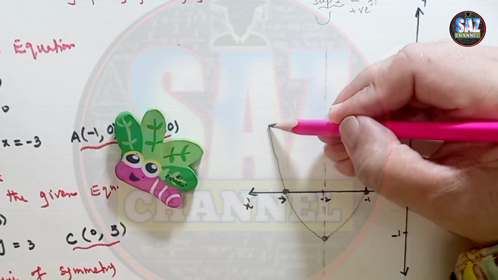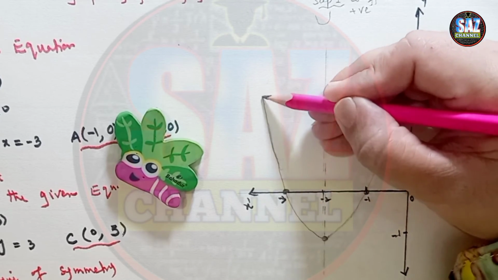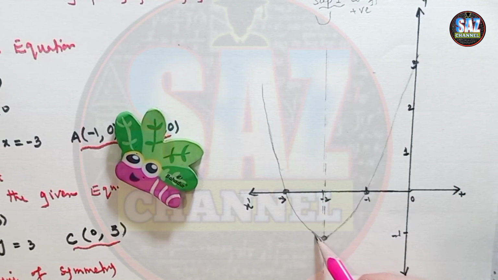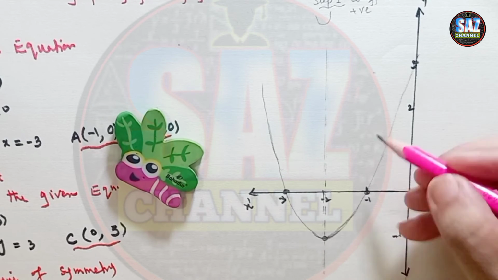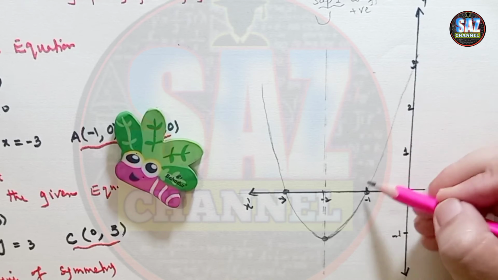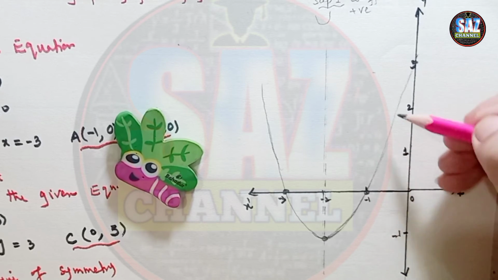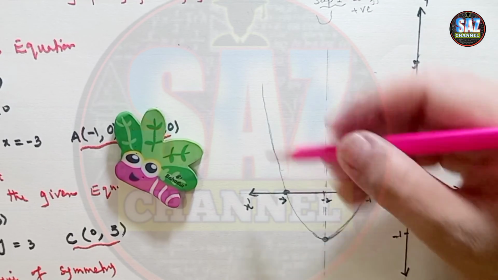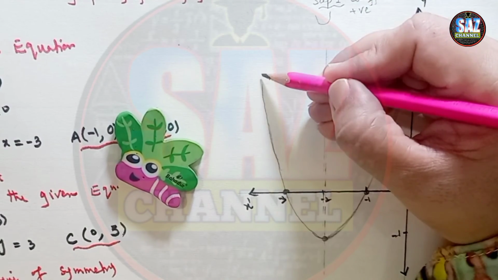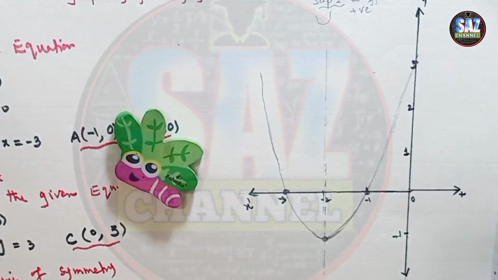A nice curve, I must say. After sketching the graph, if you feel you're getting the exact U-shaped curve, then you can draw this graph with the help of the perfect pen.